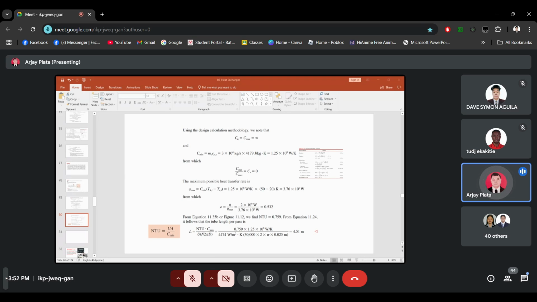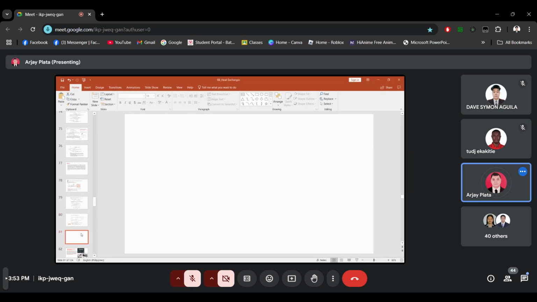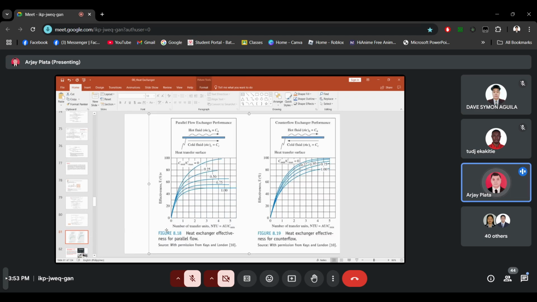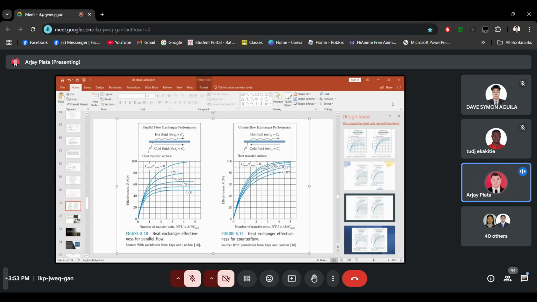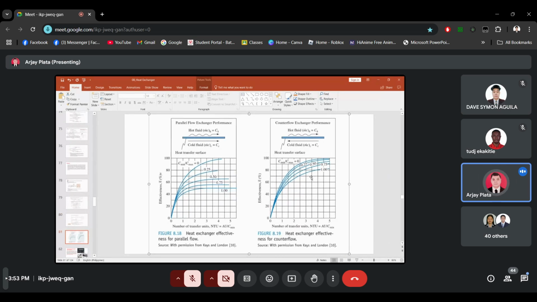I will share the graph, I'll just copy it on the slides. Can you look for your table and find this graph?